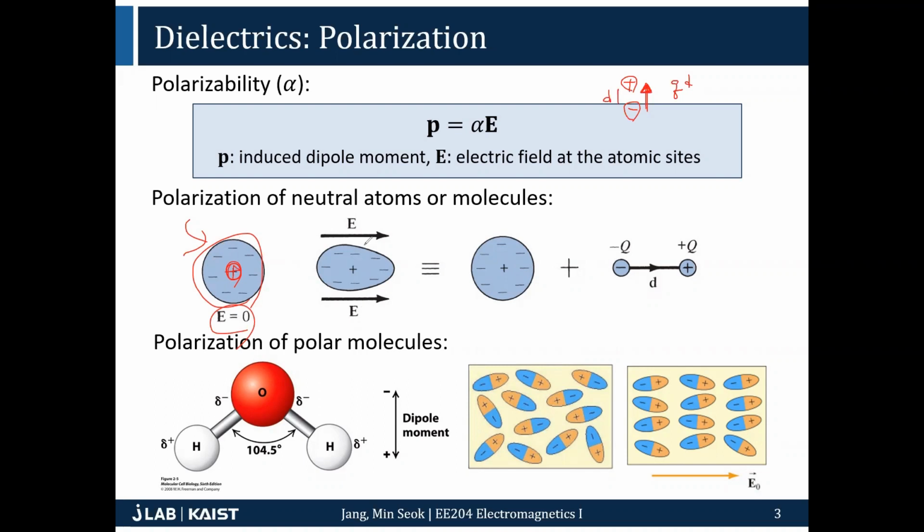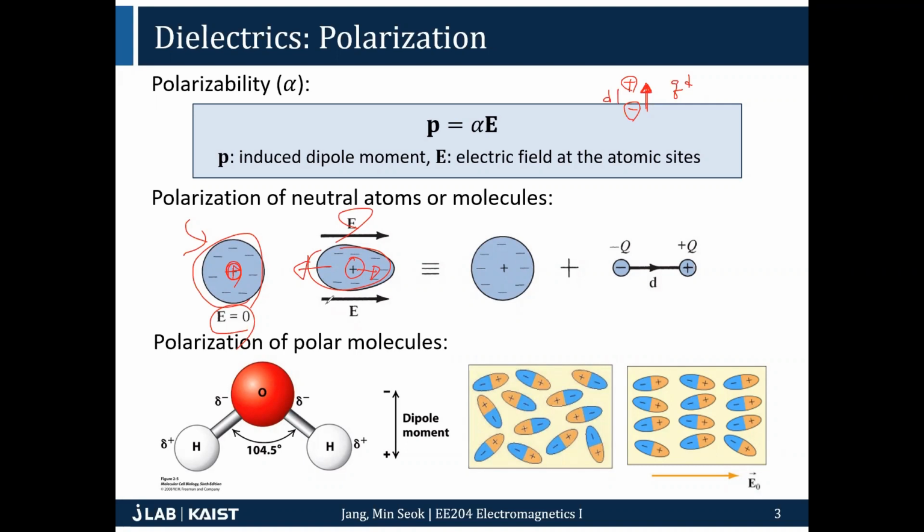But if you apply an electric field, say like this, then the nucleus wants to go this way because it's positive charge, and the electrons want to go that way because they're negative charge. So for the same electric field, electrons and nucleus feel the force in opposite directions.